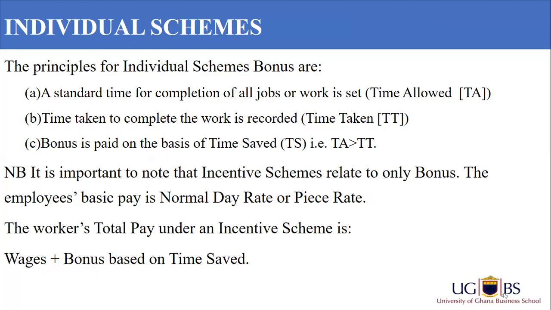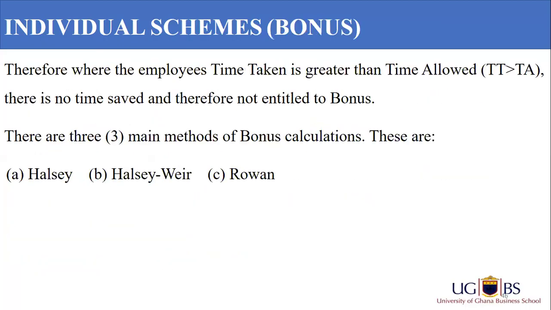The worker's total pay under an incentive scheme is wages plus bonus based on time saved. Therefore, where the employee's time taken is greater than the time allowed, there is no time saved and therefore no entitlement to bonus. There are basically three methods.